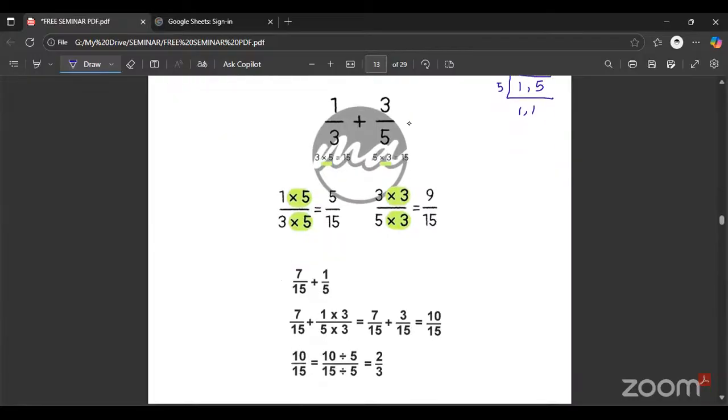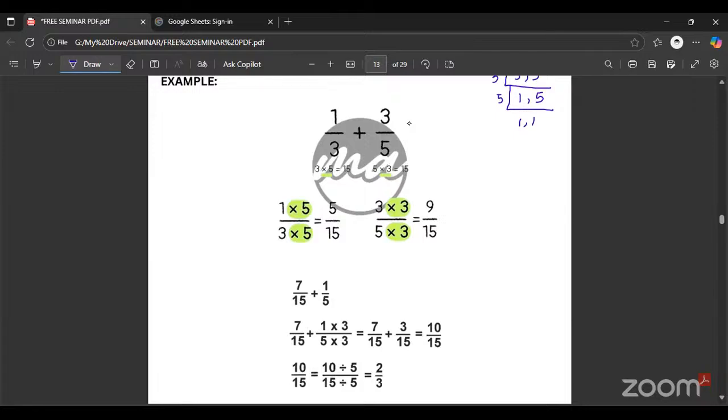See, I have shown you the working. You have to multiply 3 by 5 to get 15. So you multiply your numerator also by 5. So it's 5 over 15. And here you have to multiply 5 by 3, so you multiply the 3 also by 3, which is 9 over 15.